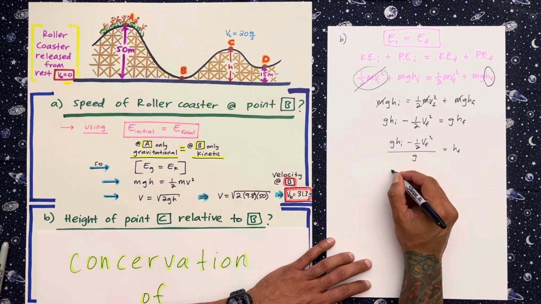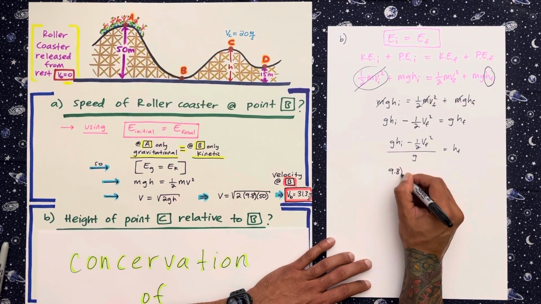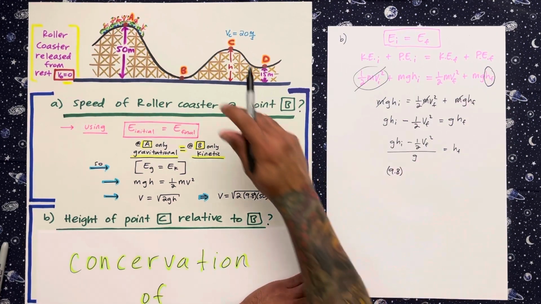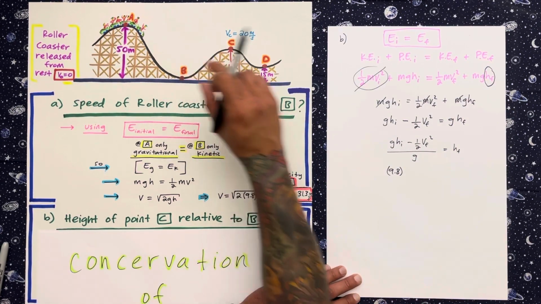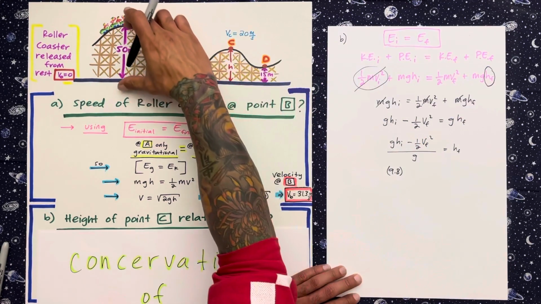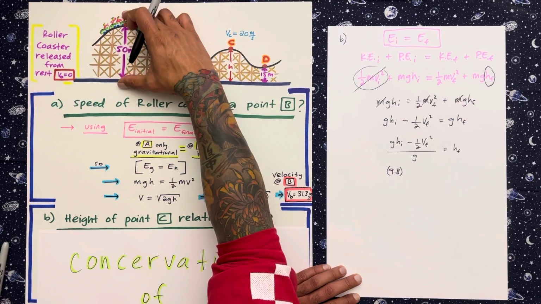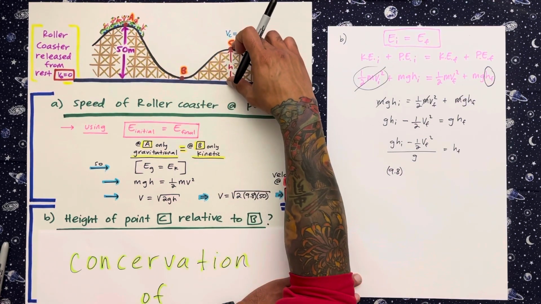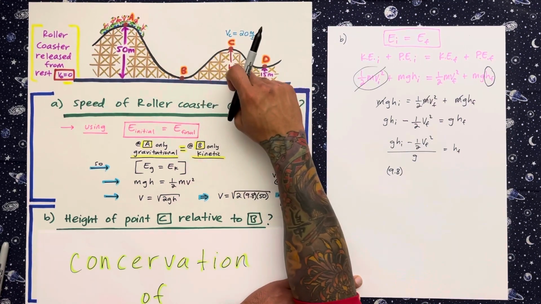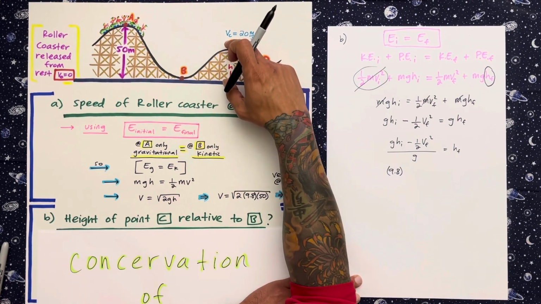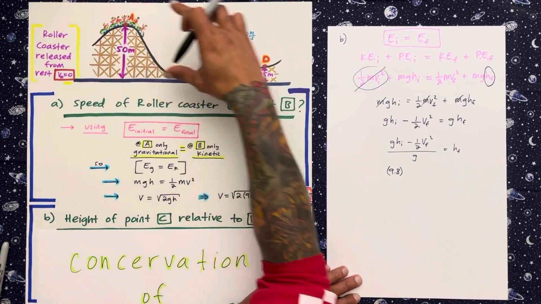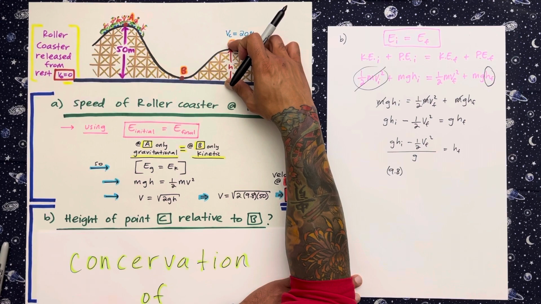So gravity, which is 9.8. Height initial. Okay, so height initial was not from B, which is why we made velocity initial 0. We're looking from here to here. So the height of C relative to B, which is this one, but we have to do the energy from the initial to the final thing that we're looking at.